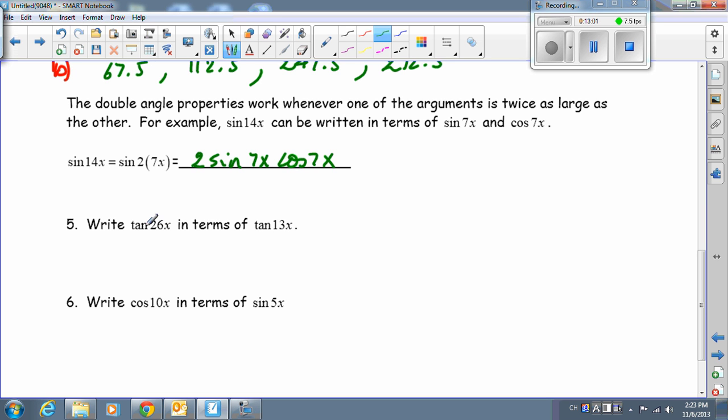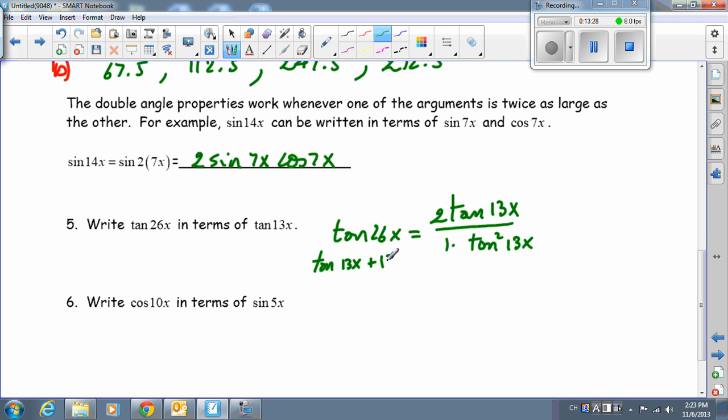Well, 13 is half of 26. So I will say tangent of 26x is equal to 2 times the tangent of 13x over 1 minus the tangent squared of 13x. Note that tangent 26x is the same thing as tangent of 13x plus 13x.